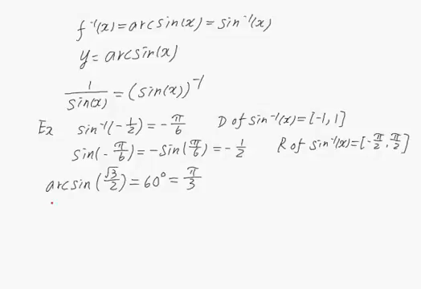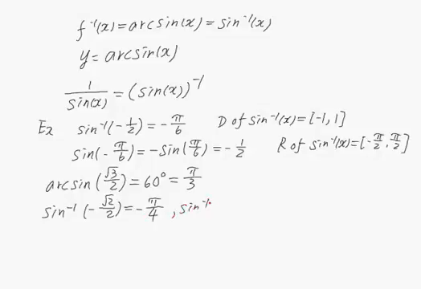Now let's look at the inverse sine of negative root of 2 over 2. What is the angle? Negative pi over 4, right? Negative pi over 4.